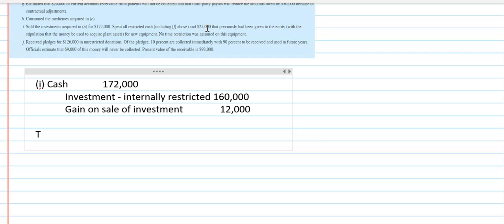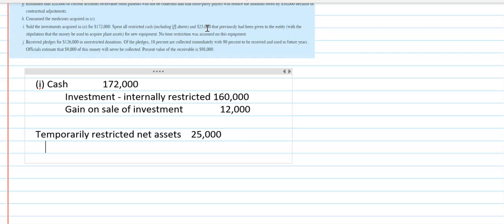So I will remove it from temporarily restricted net assets, and the amount is 25,000.